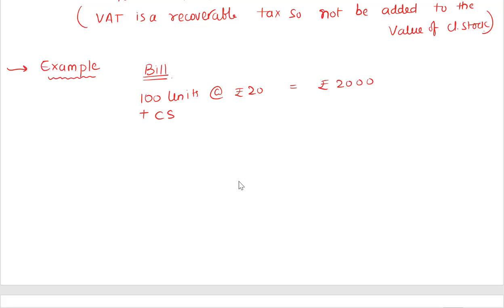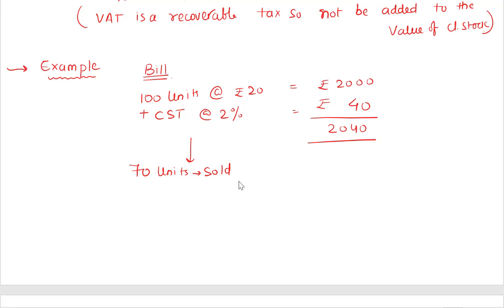CST, Central Sales Tax, is charged at the rate of 2%. 2% of 2000 is 40. So the total is 2040. Out of these 100 units, 70 units are sold. That means 30 units are there in the closing stock.